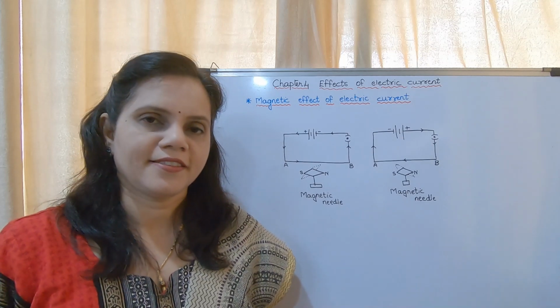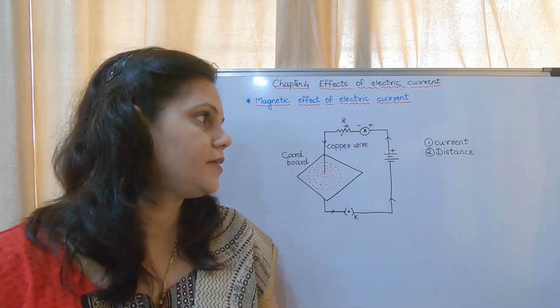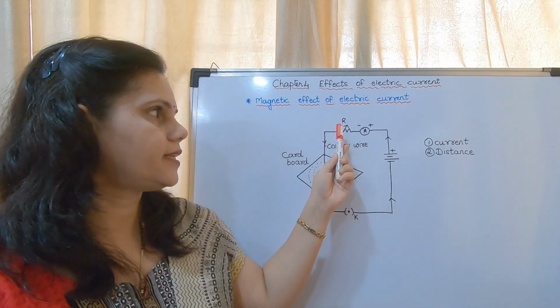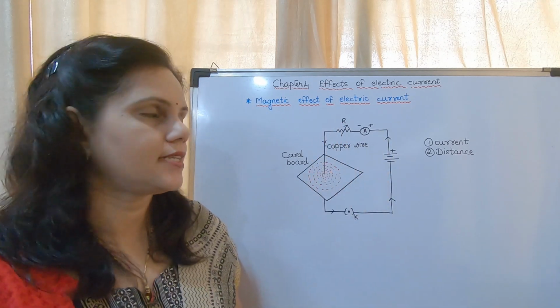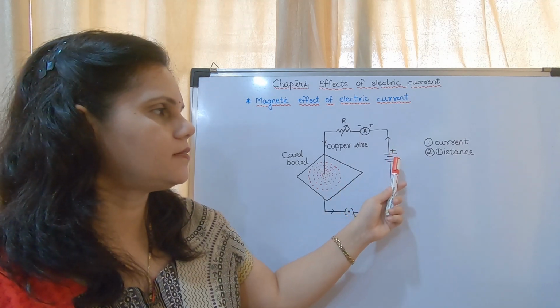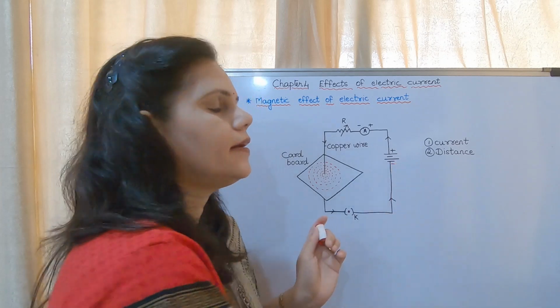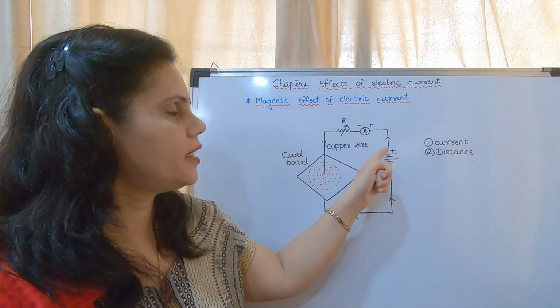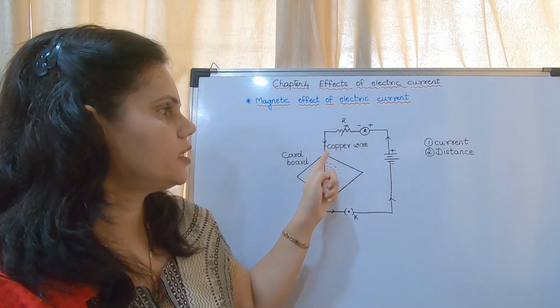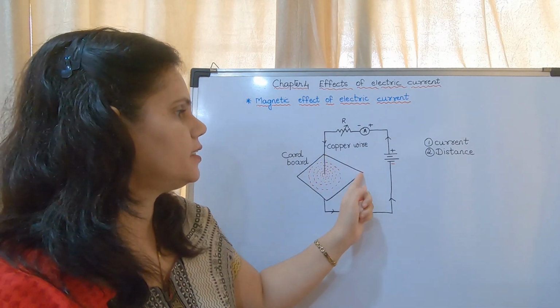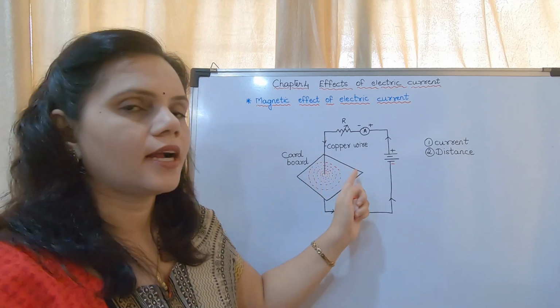Okay, now the next activity. In this activity they have taken a copper wire. There is a resistor, a variable resistance it is. This is the positive terminal and this is the negative terminal. The current will flow in this direction. This is a thick copper wire and this is a cardboard.